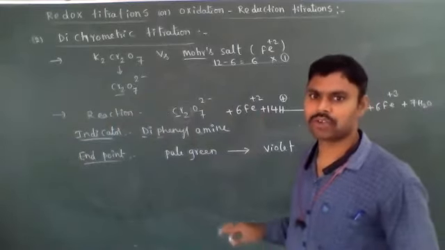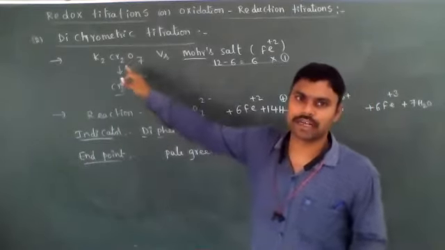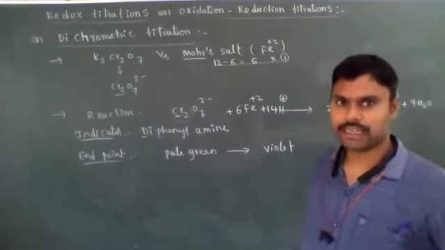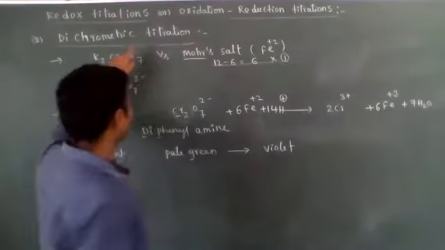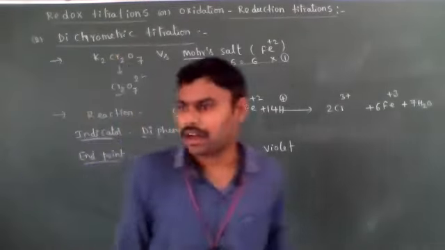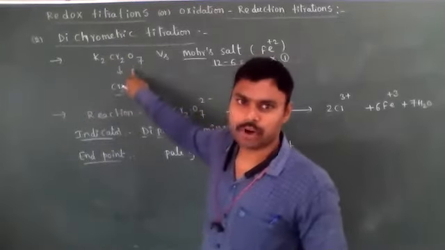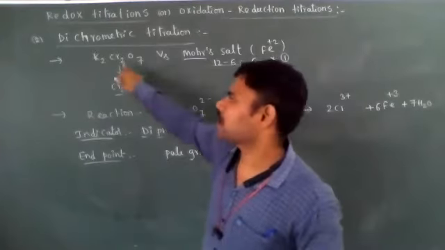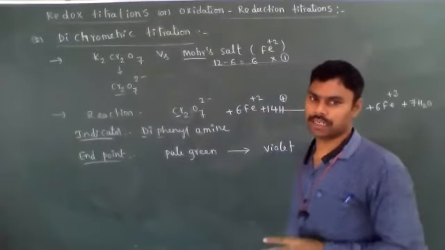That formula we need to use to calculate the strength of K2Cr2O7. So this type of titration is called dichromate titration, in which potassium dichromate versus Mohr's salt takes place.